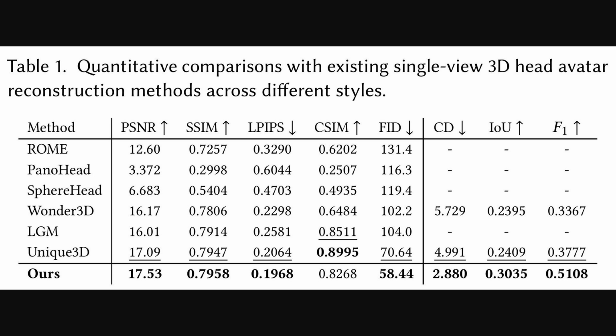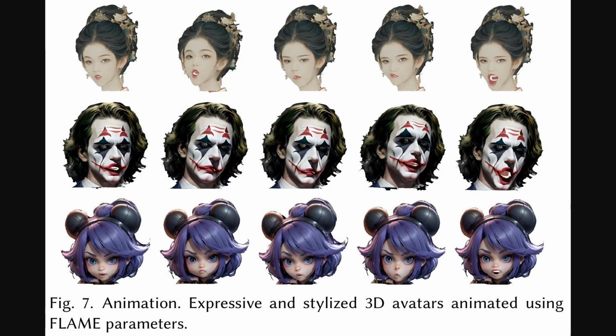the other listed methods. So, those strong quantitative results we saw in the table, well, figure 7 here gives us a visual taste of what that means in practice. This figure showcases the animation capabilities. We're seeing expressive and stylized 3D avatars, each row representing a different character, animated using FLAME parameters.